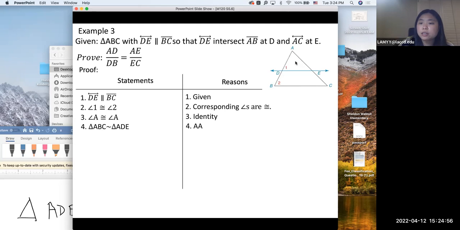When we say the angles are AA, these two triangles are similar, we could write it down AB over AD equal to AC over AE. So if these two triangles are similar, then the sides are proportional. AB, the whole line here, over AD equal to AC over AE. What is the reason?